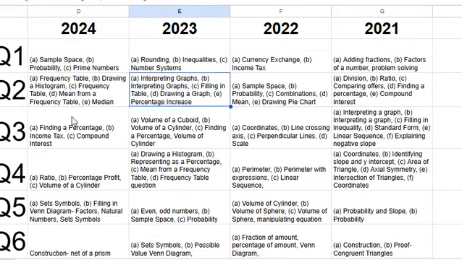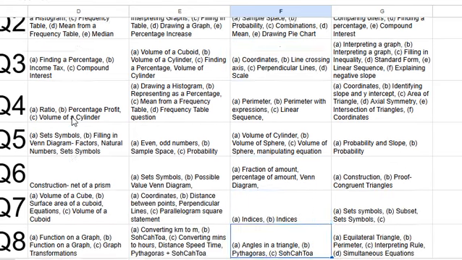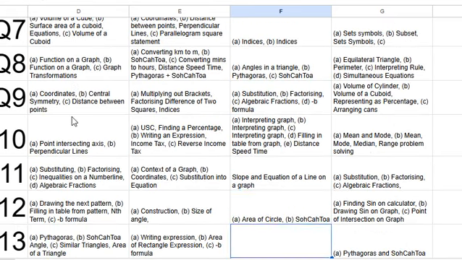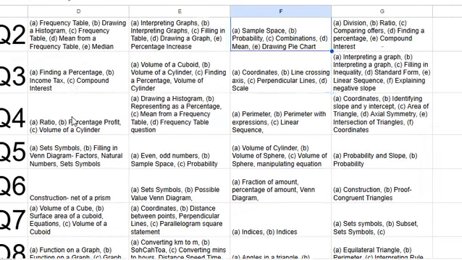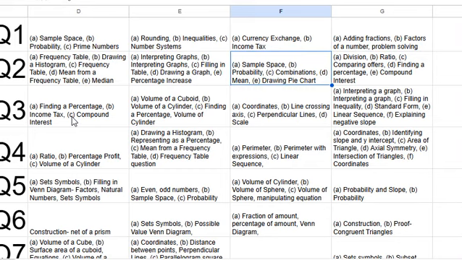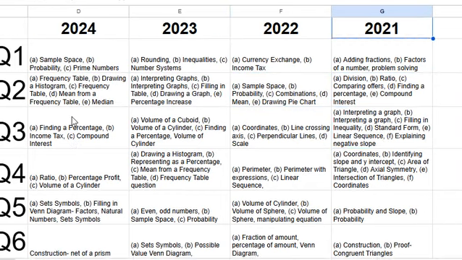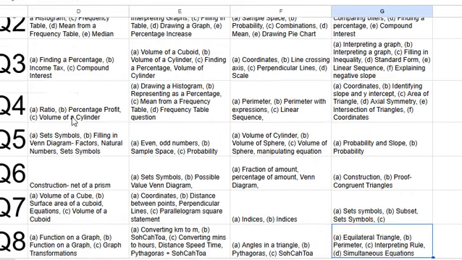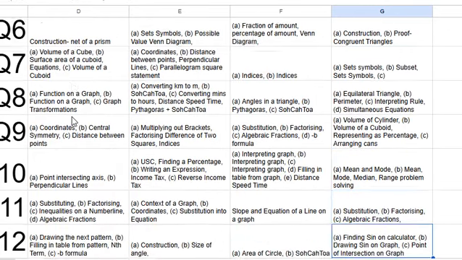Yeah, sample space came up there again as question 5 in 2023. Sample space again came up in 2022. So it came up the last 3 years. Then you see some probability there in question 5 in 2021. And I don't see sample space there actually.